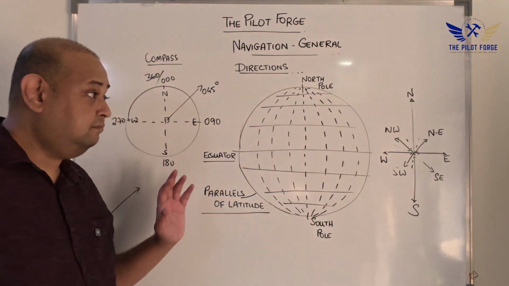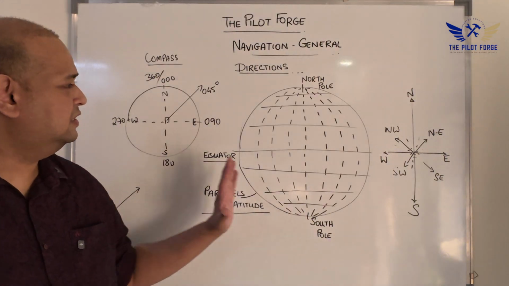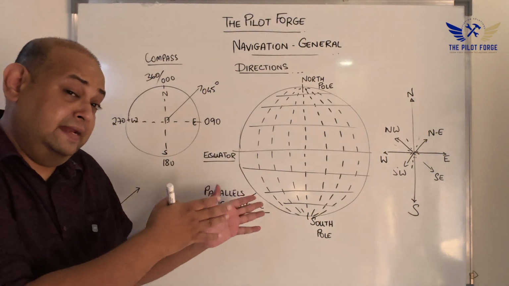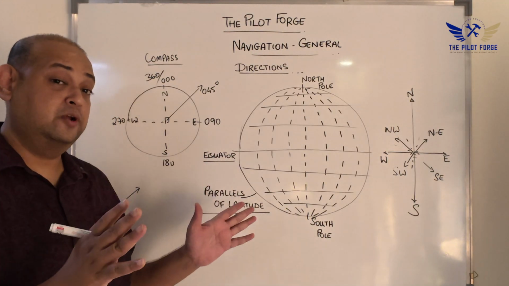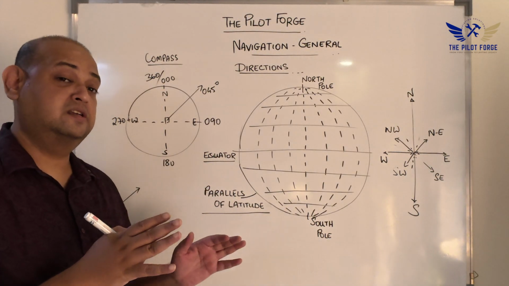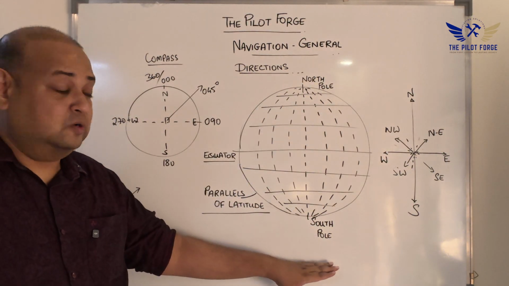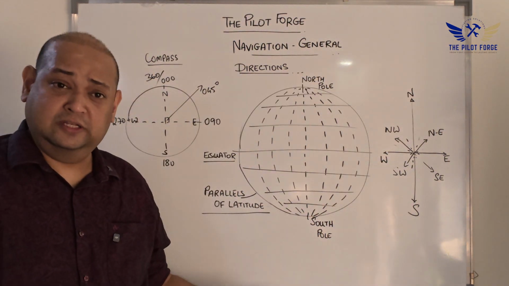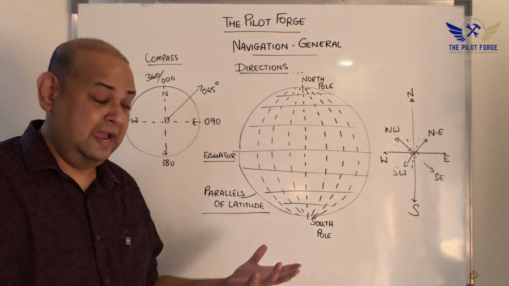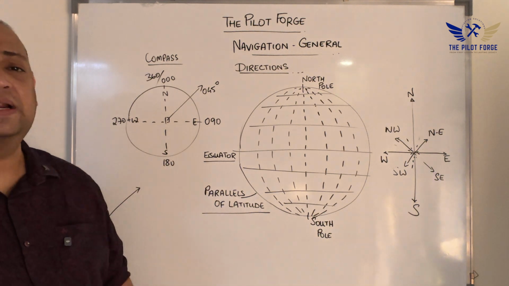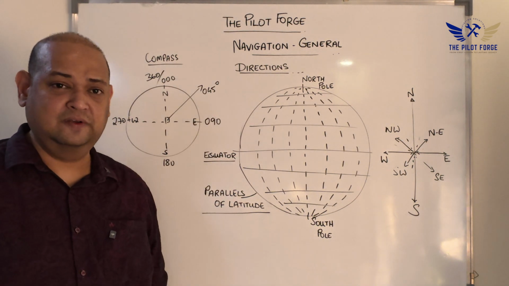Now, do you see this? Do you see how beautifully this has been laid out since time immemorial, since navigation has been conducted using stars? We have the North Pole and the South Pole. We have lines joining the North and South Pole all across the globe. And we have a line that cuts the entire globe into two equal parts, which is the equator, the northern hemisphere and the southern hemisphere.